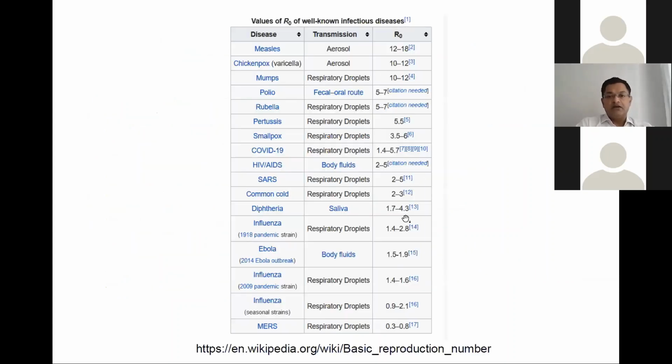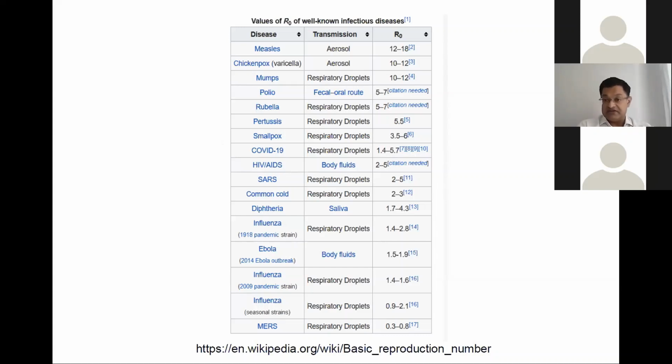So let's take a quick look at some of the R0 numbers of several pandemics that have spread in the past. You can see that COVID-19 has a very wide range of R0s reported in various studies, and we can certainly discuss why there's such a wide range.